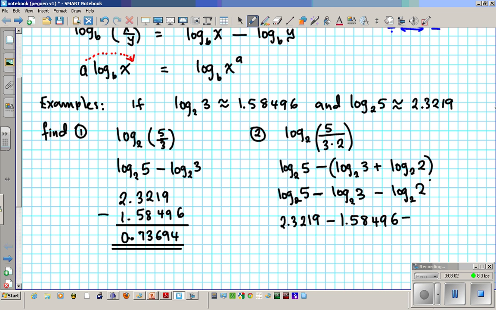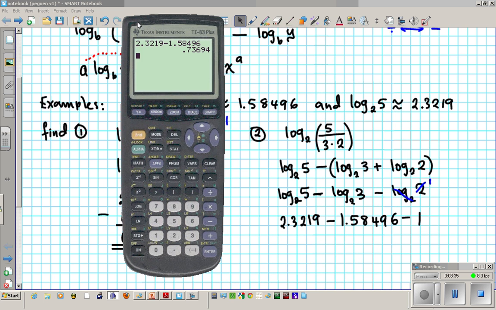And there's a trick that we learned before: when the base and the number are the same, it cancels out and you're left with the power, which is just 1. So we know that log base 2 of 2 is equal to 1. Alright, so let's plug all this into a calculator and see what we get as a final result.